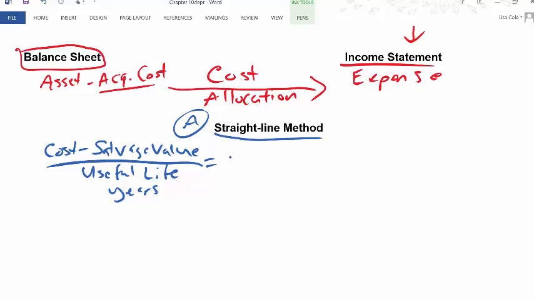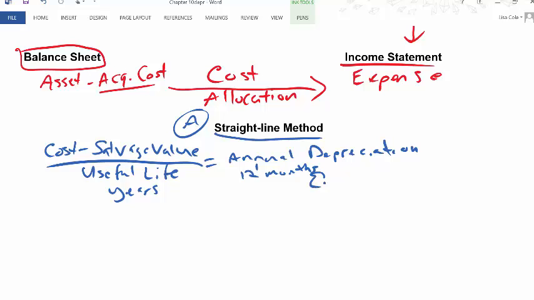This is going to give us what we call annual depreciation, and that's depreciation for 12 months, for a year. So if you're doing it monthly, then you need to take that number divided by 12.